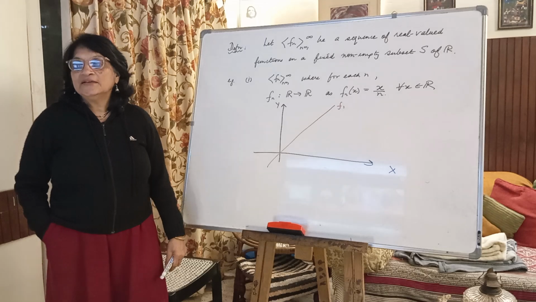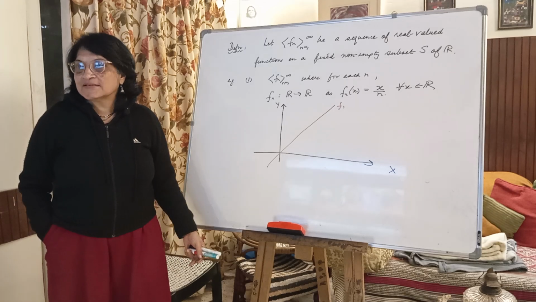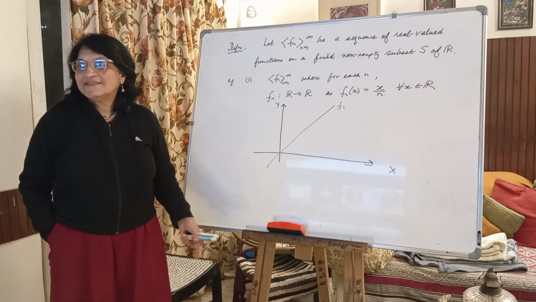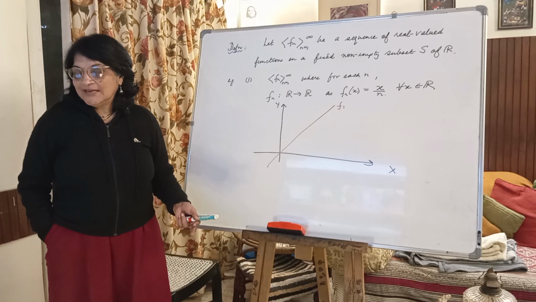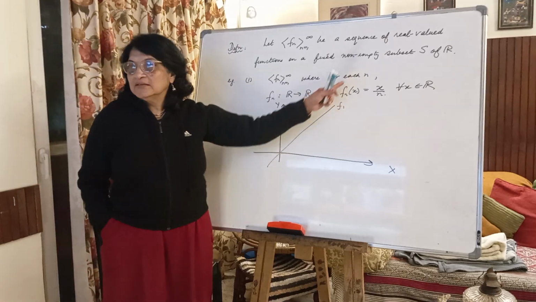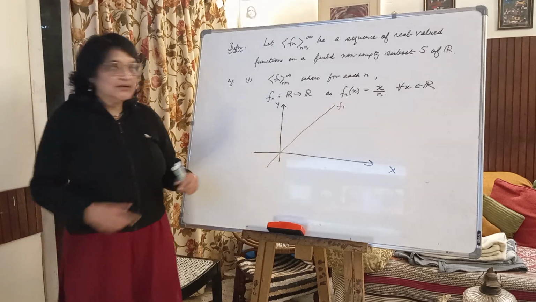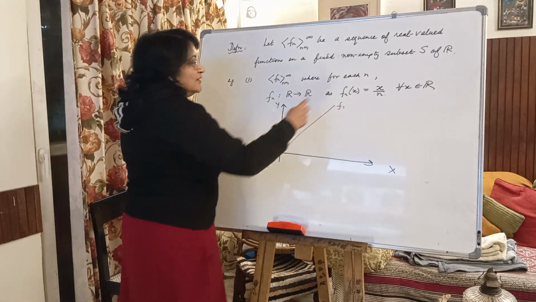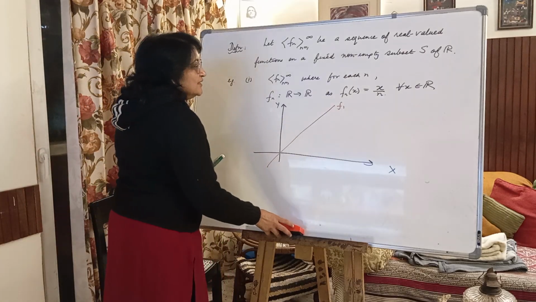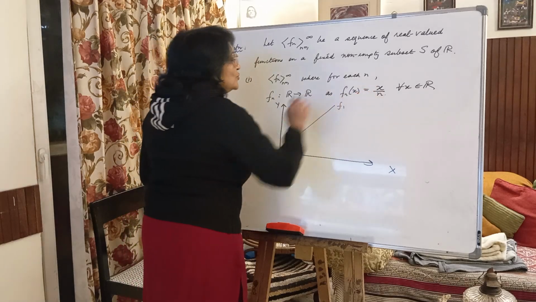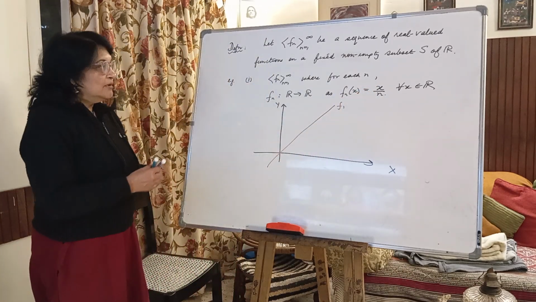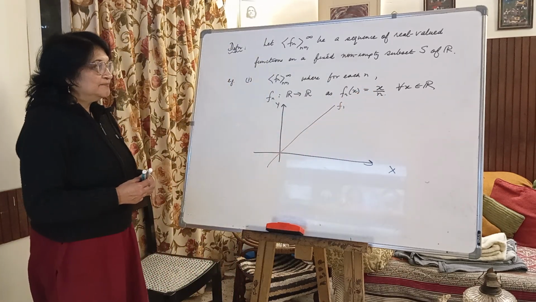So the function F1 of x is simply the function x, the straight line with slope 1. Okay, m is equal to 1. Then if you take n equal to 2, what does your F2 look like?